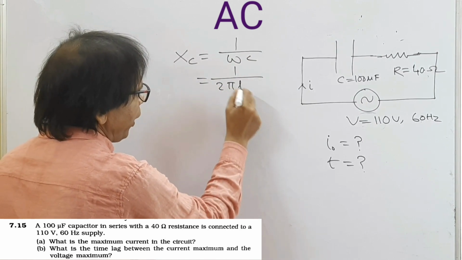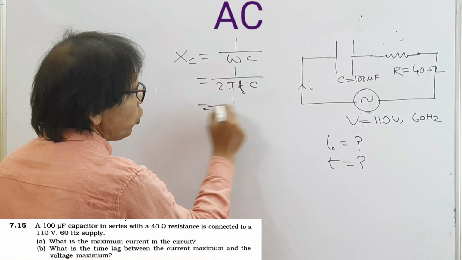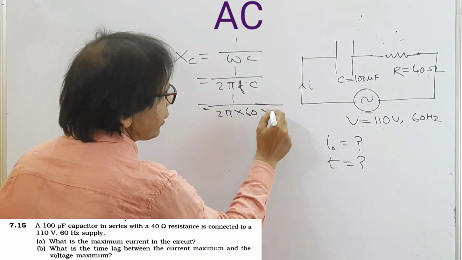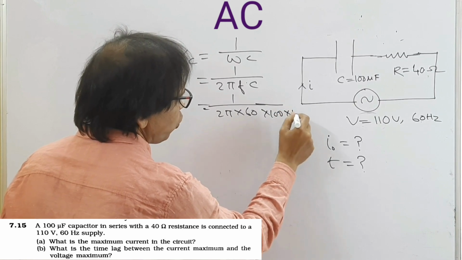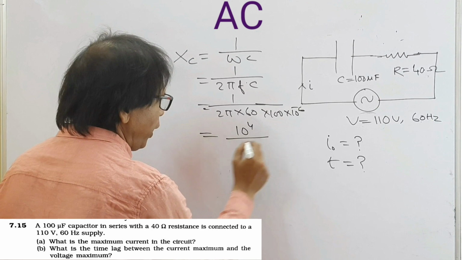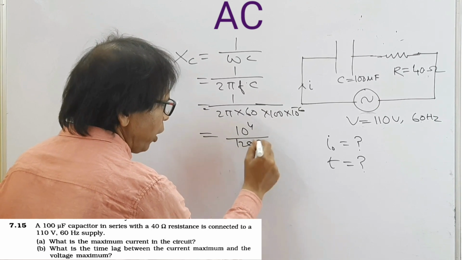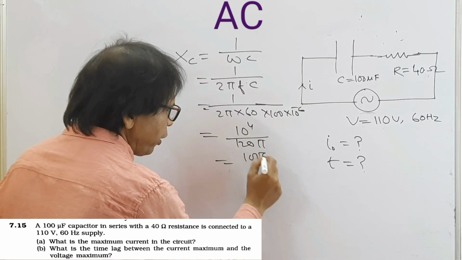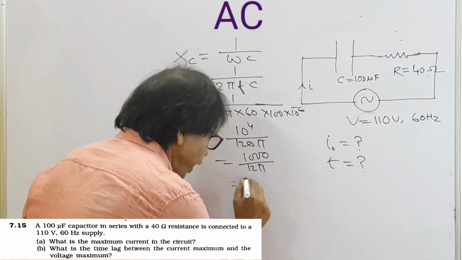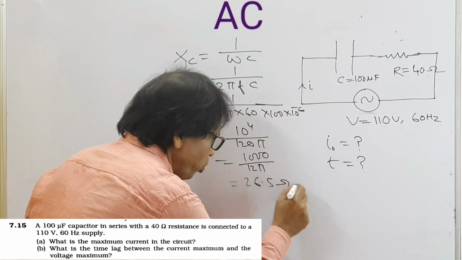Omega is 2 pi f. So this is 2 pi into 60, and C is 100 into 10 to the power minus 6. So this is 10 to the power 4 by 120 pi. So this is 1000 divided by 12 pi. Okay. So this is 26.5 ohm.